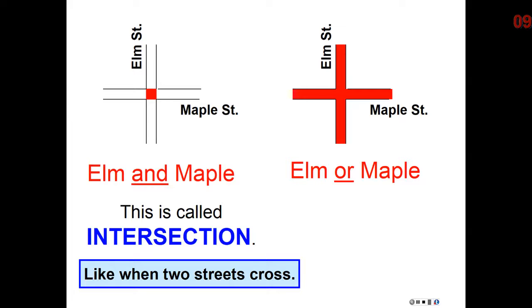So and is called an intersection, and both have to be true. Think of an intersection of two streets, okay?